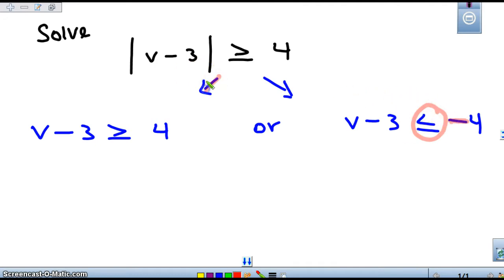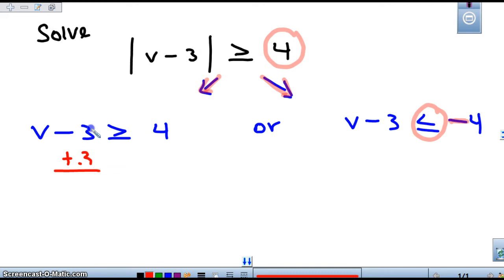So we're writing it twice, except that one of them is exactly the same, like we have here, and the other one we have to flip the sign and change to the opposite. Do you see that? After this, we would solve each of them.